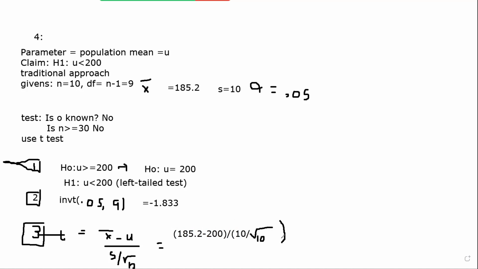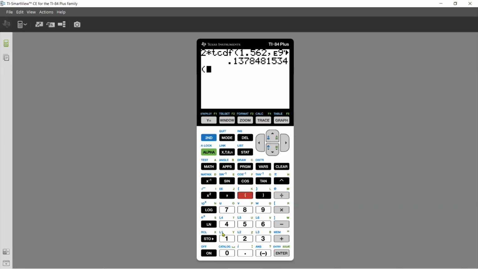Okay. Let's do the calculation. That I will do on screen for you so that you can follow here. This is going to be 185.2 minus 200, divided by 10 divided by the square root of 10. Okay.